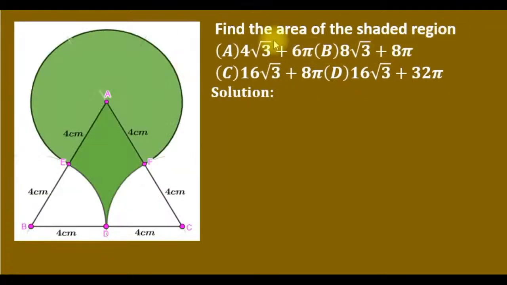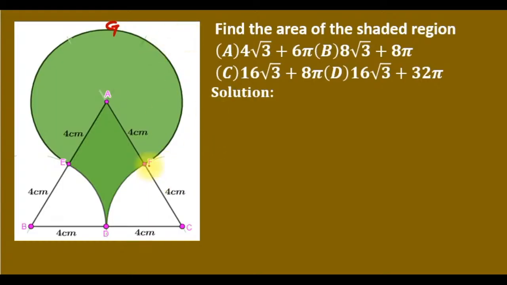Find the area of the shaded region given this diagram. As you can see, the shaded region is made up of a major sector and part of the triangle. So let's label this G as sector EGF.